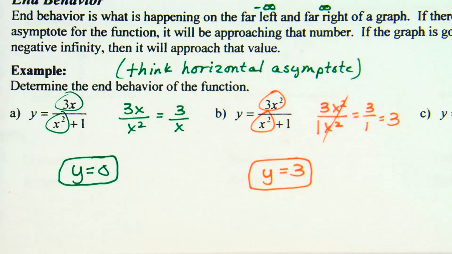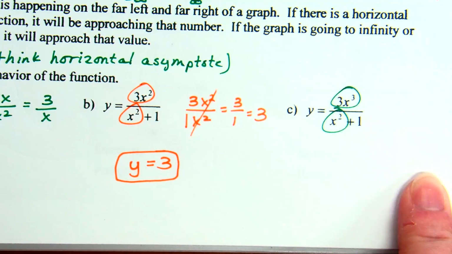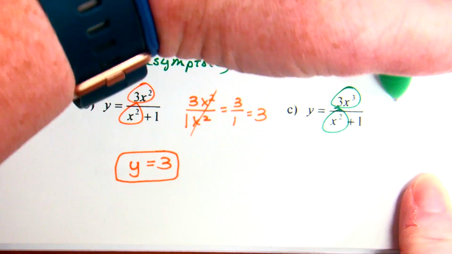Biggest power is on top. So 3x cubed over x squared, biggest power is on top. Based on what we learned up above, what do you know about horizontal asymptotes? There are no horizontal asymptotes, right?